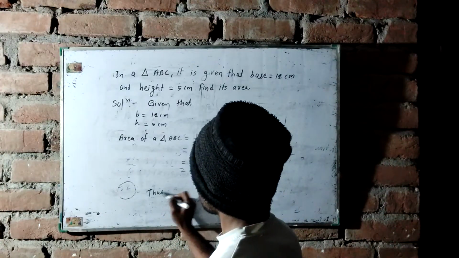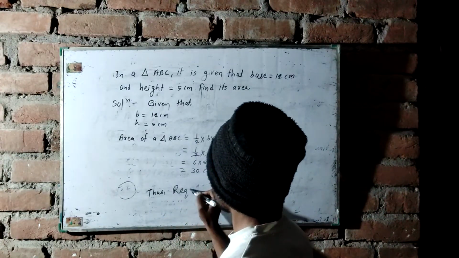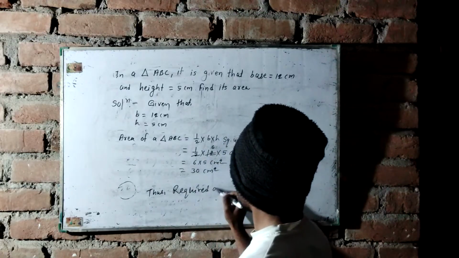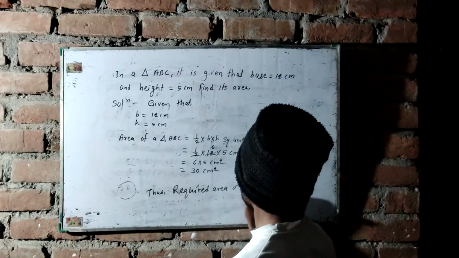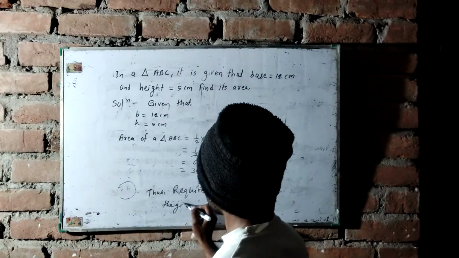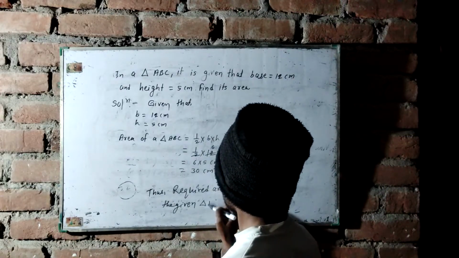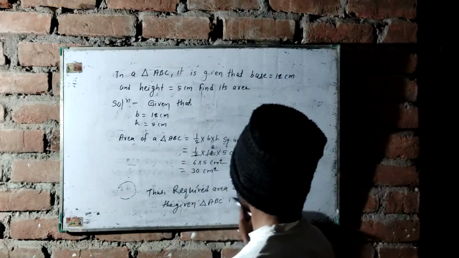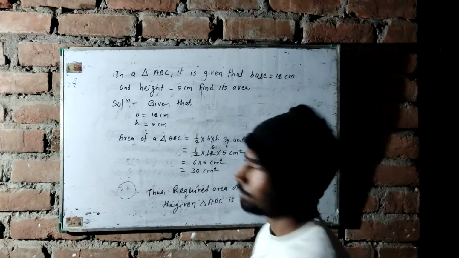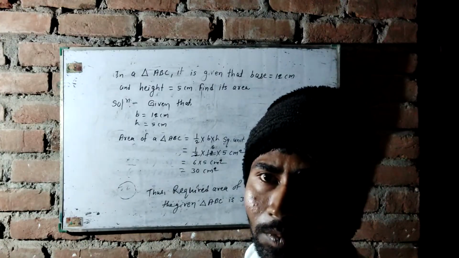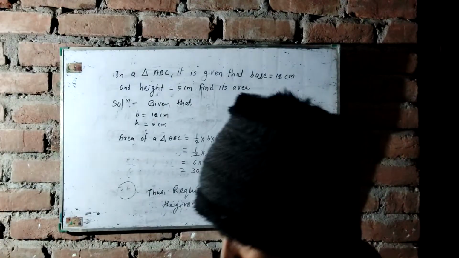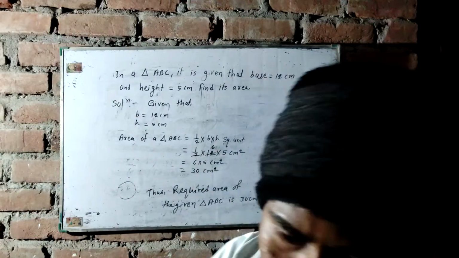Thus required area of the given triangle ABC is 30 centimeter square. Now let's go ahead to the next questions.